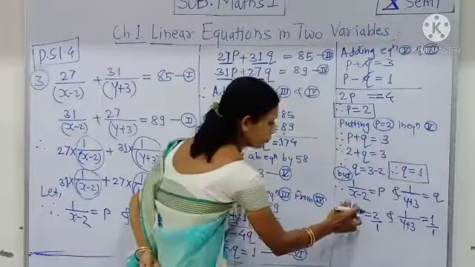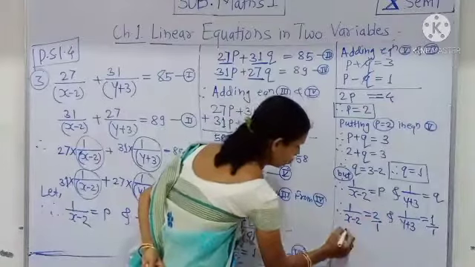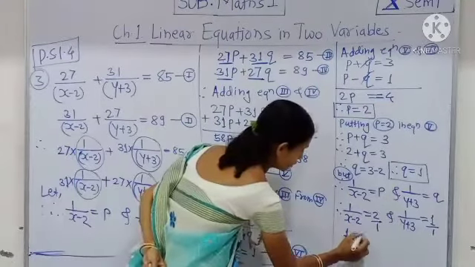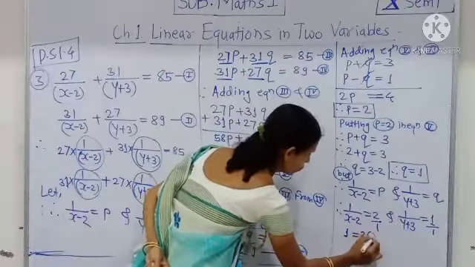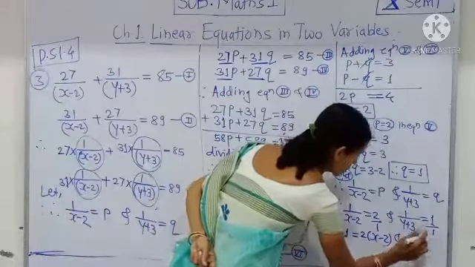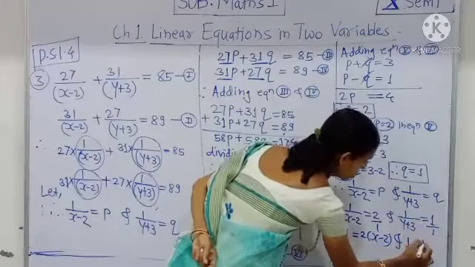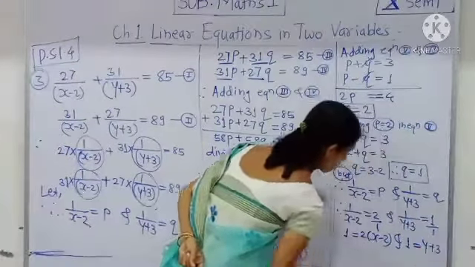Therefore, by cross multiplication, 1 into 1, 1 is equals to 2 into x minus 2, and here 1 into 1, 1 is equals to y plus 3 into 1, that is y plus 3.